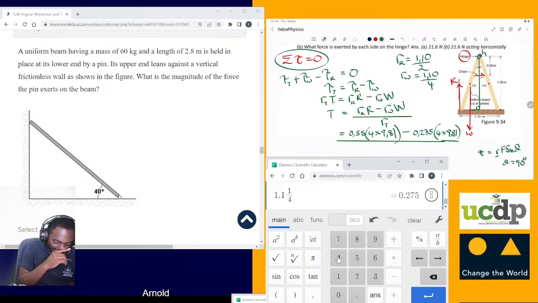And now we want the torque due to the tension. Where is our tension T? Okay, so this is our tension, and we need the perpendicular distance.